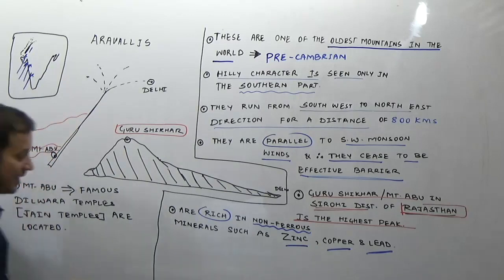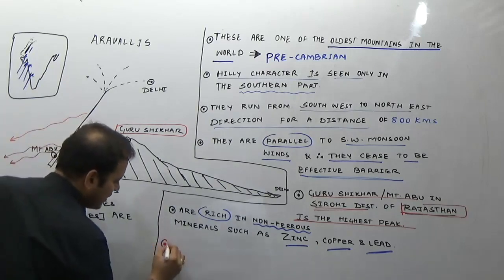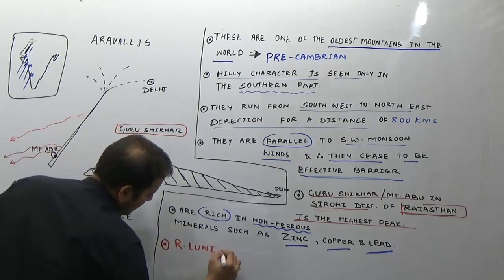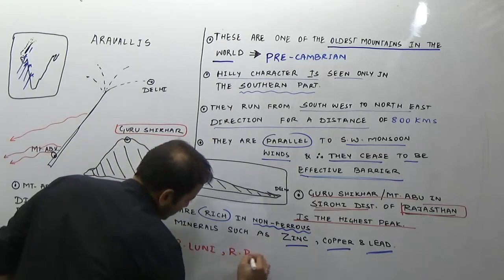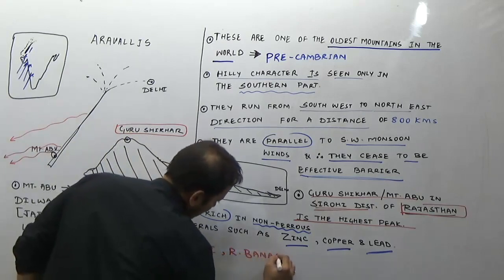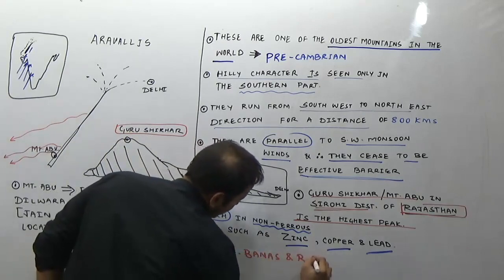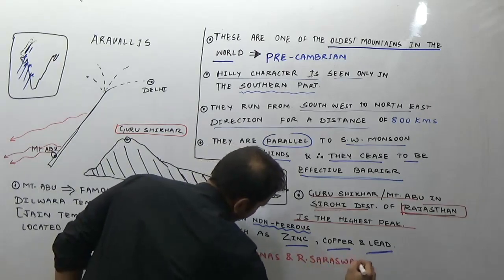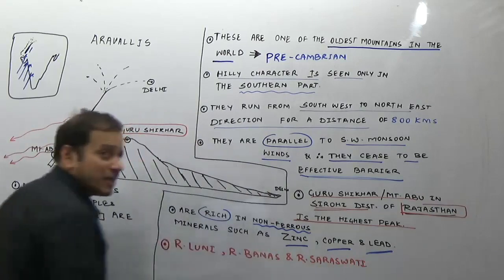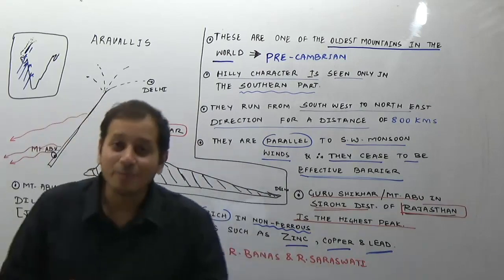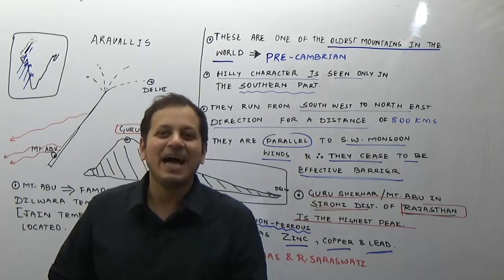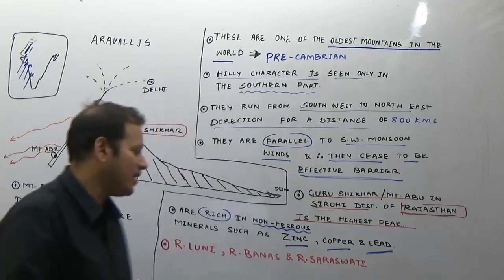So the three major inland rivers, that is river Luni, river Banas and river Saraswati, flow through Rajasthan, and they do not meet the sea, and therefore they empty into the Rann of Kutch region, and therefore these are known as the inland rivers.